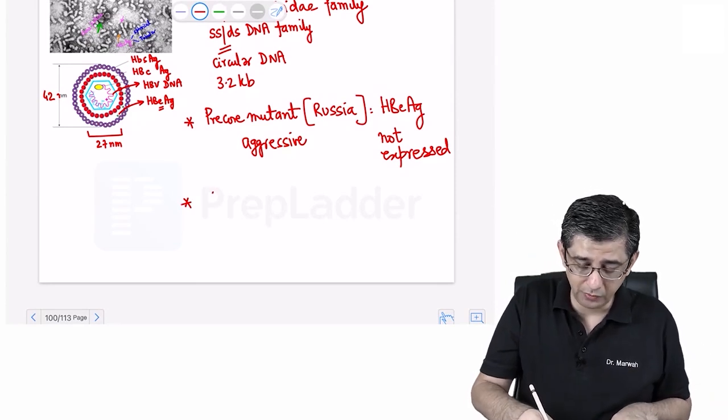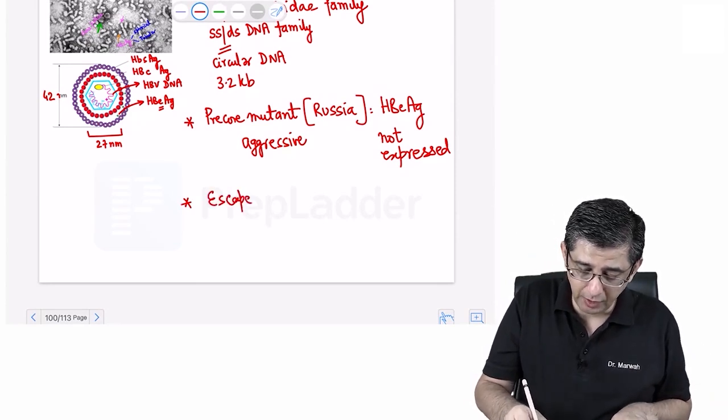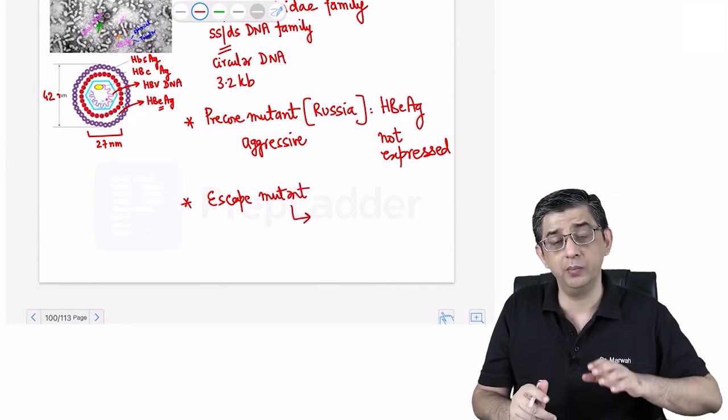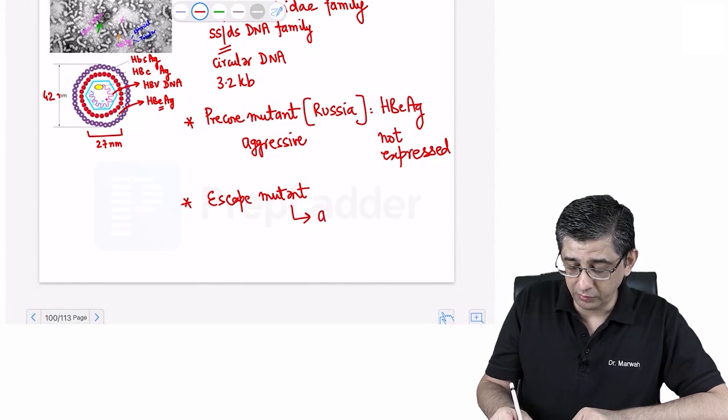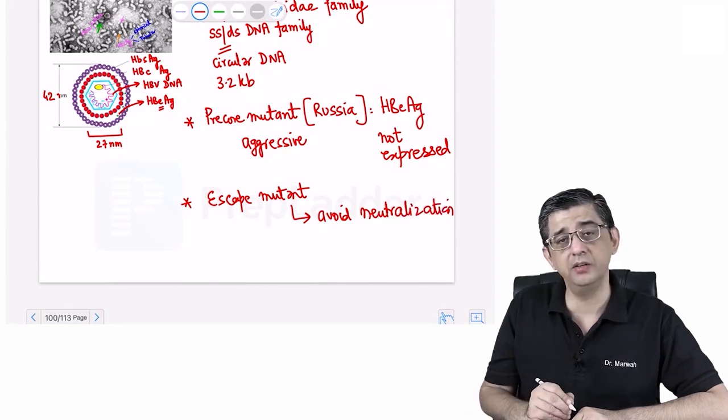Now let us compare this with the escape mutant. As the name suggests, the escape mutant will be a public health problem in the community. Why? Because this can avoid the security system. We are aware that the security system, that means the protective antibodies, is the antibody against the hepatitis B surface antigen.